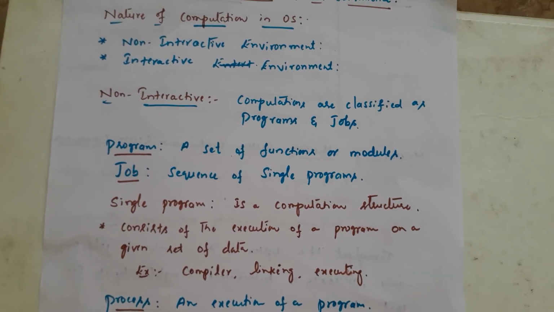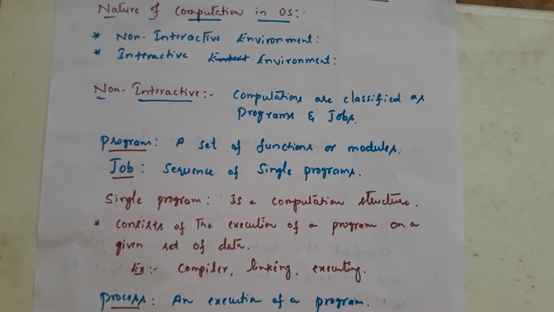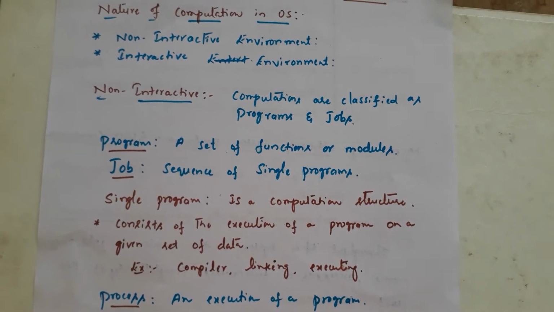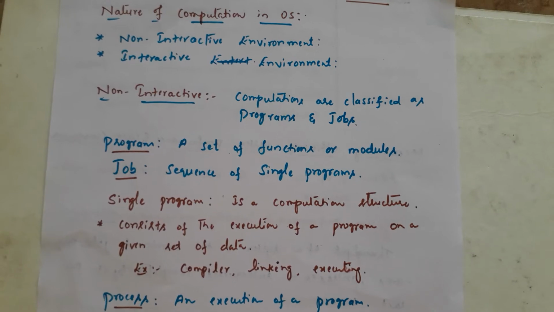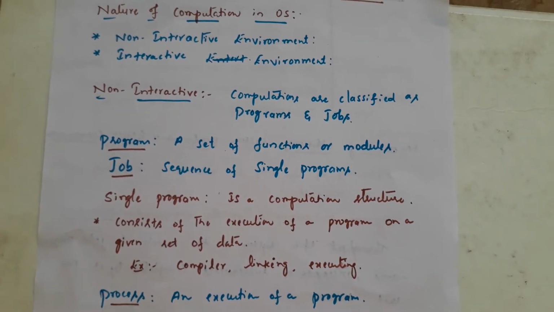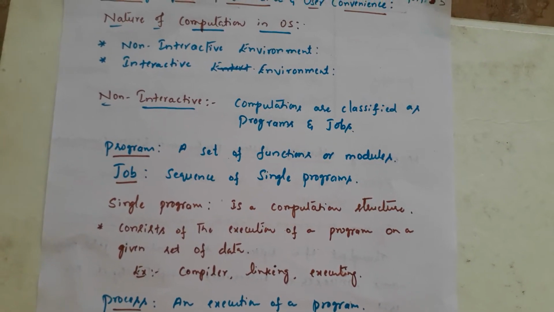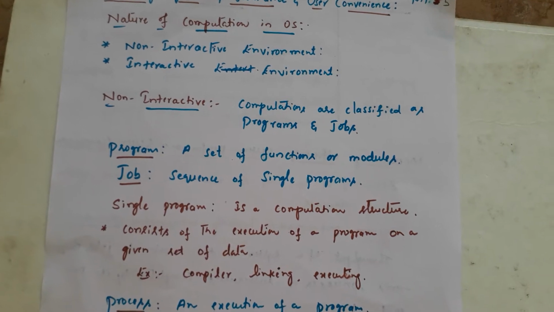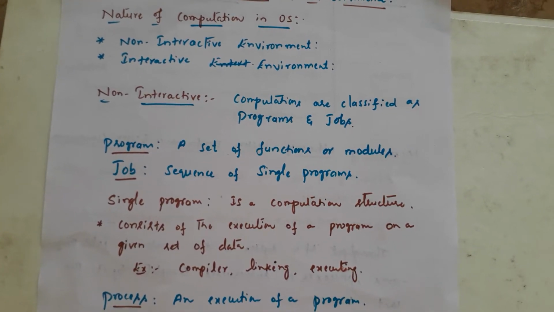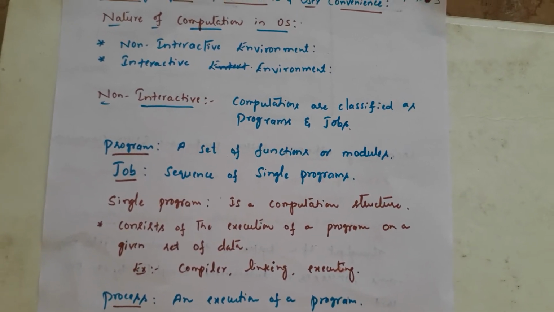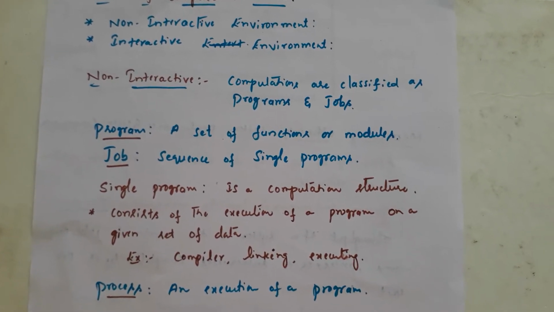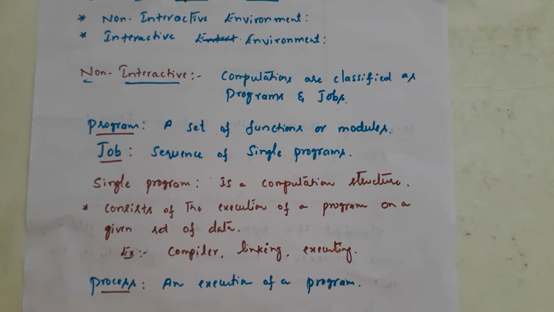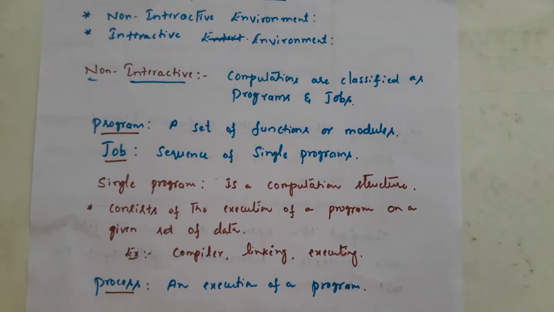A single program is a kind of computational structure where the programs we have put in that particular single program will be executed in a sequential manner. For example, you know about the compiler, linker and execution. The linking operation will not be done unless compilation is done. Similarly, execution will not be done unless linking and compiling have been done.